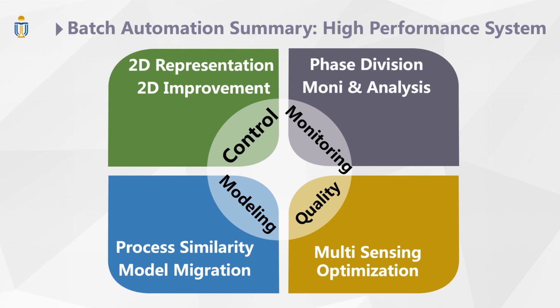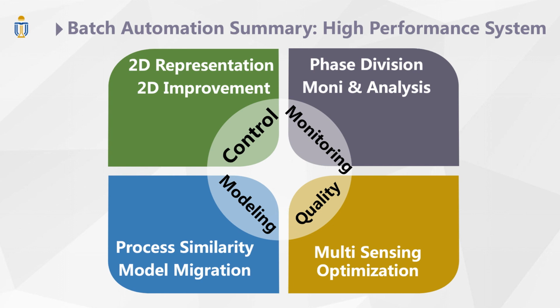We're going to skip that. With this 2D representation, your control can improve along both the time direction and the batch direction. For the monitoring, we divide the data or process into different phases, which allows more efficient monitoring and analysis. For the quality, I did not have time to talk about it.